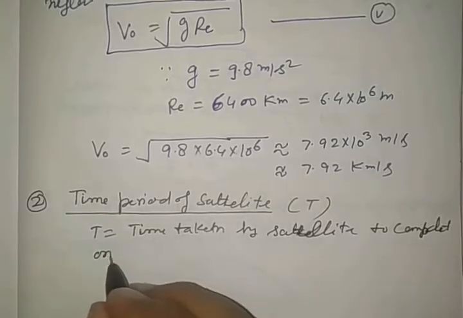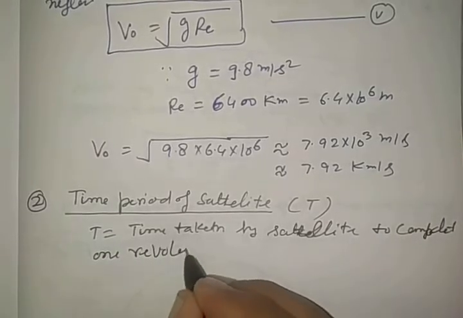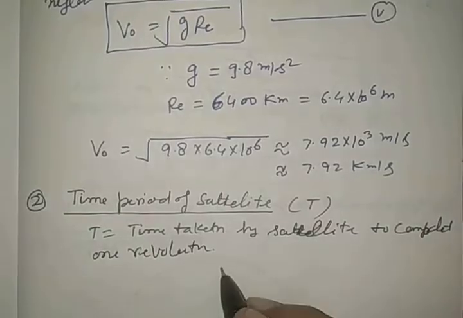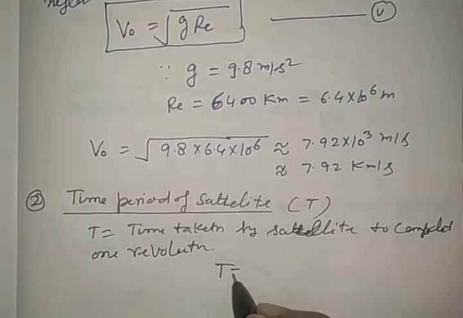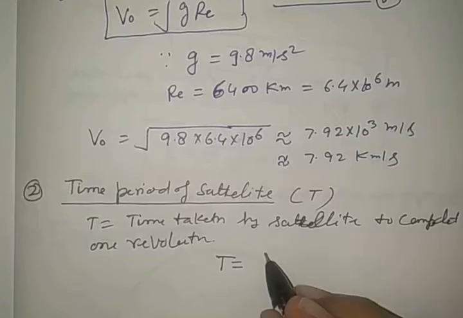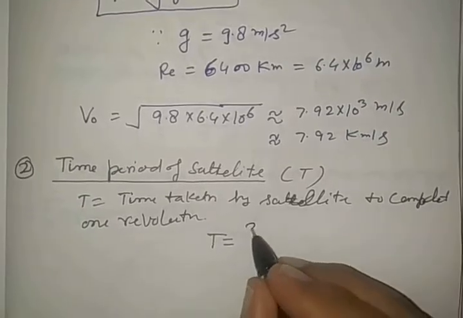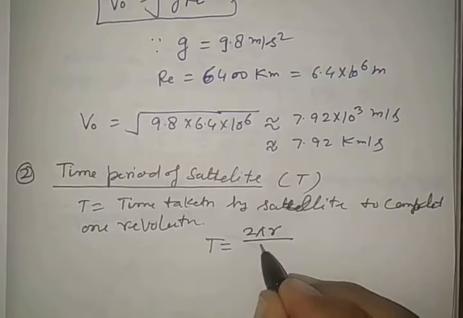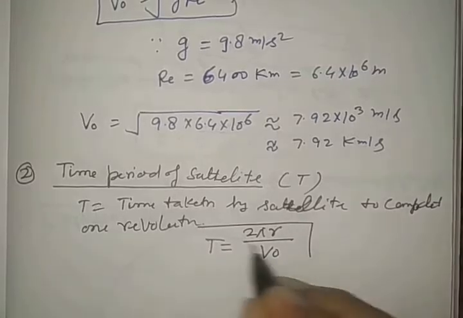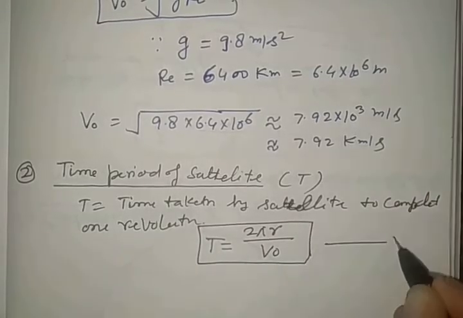So time is equal to distance by speed. The distance is 2 pi r, divided by orbital speed v. It is represented by equation number 6.